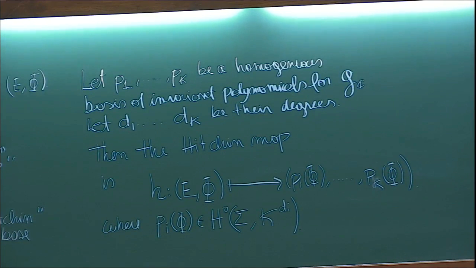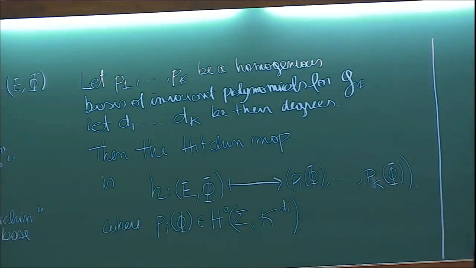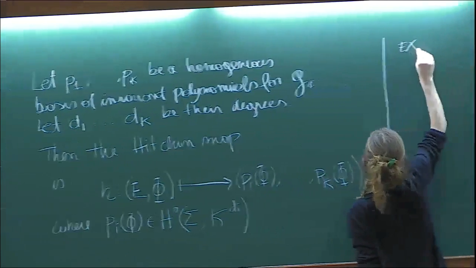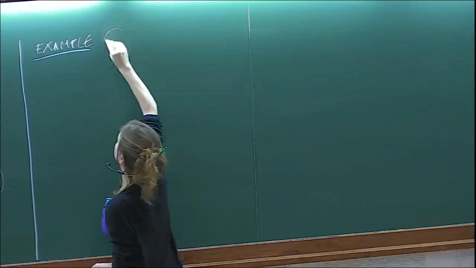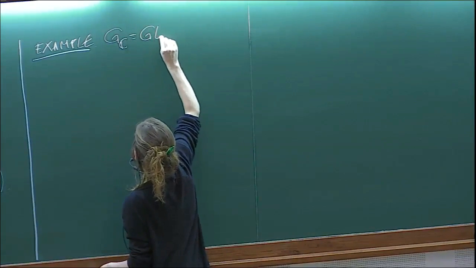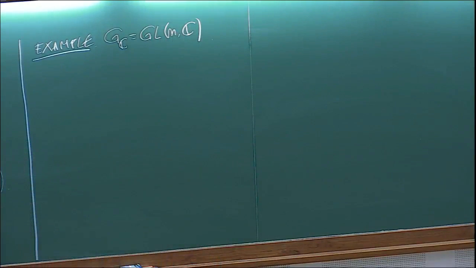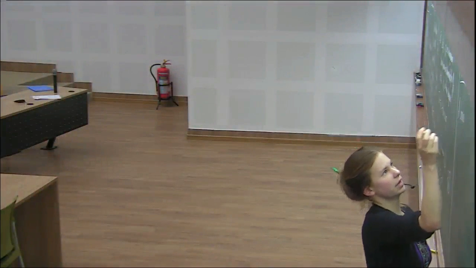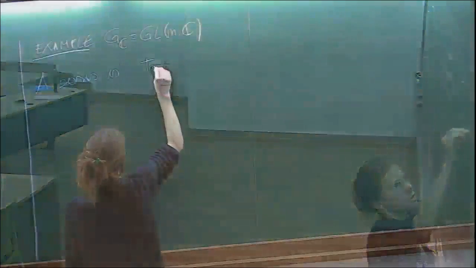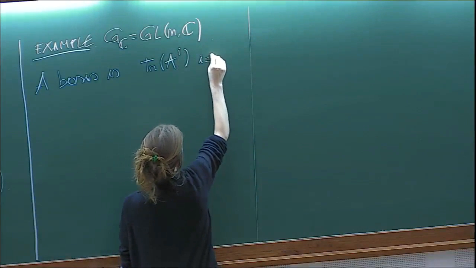Now let's get hands-on on what these spaces actually are and what they are telling us. Just as an example to start with, the first example, let's look at the general linear group. So let's look at G_C equals GL(n, C). Then a basis of invariant polynomials can be taken to be just the traces. So a basis is trace of the matrix to the i, for i equals 1 up to n.